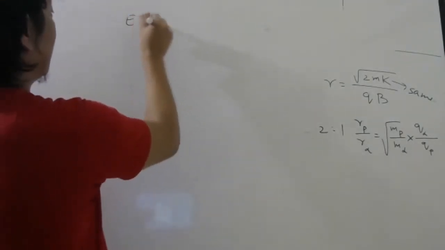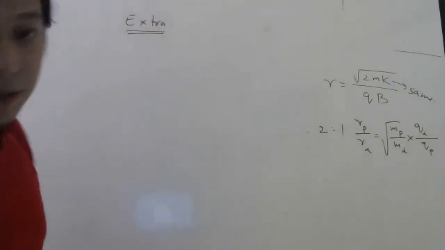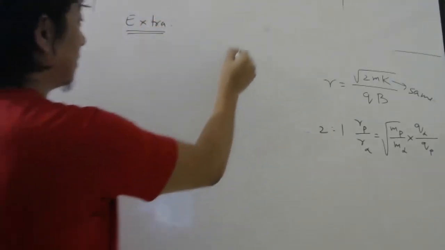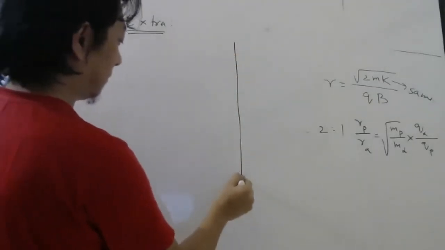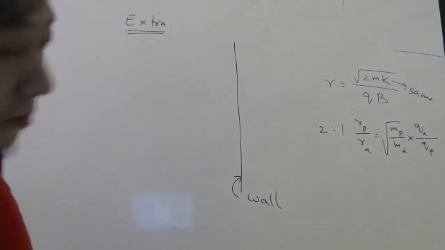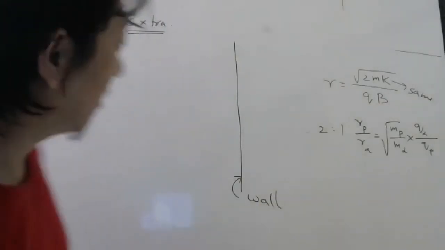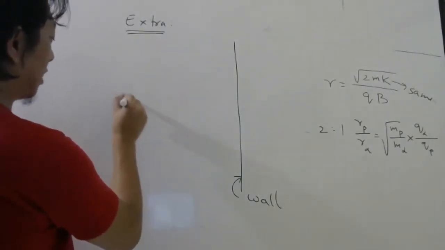Okay, let us do one extra question. Think carefully here, okay? Imagine there is a wall here. Look carefully, all of you. NEET level question, but it can be asked in JEE also. There is a wall here, and from here I shoot a charged particle.